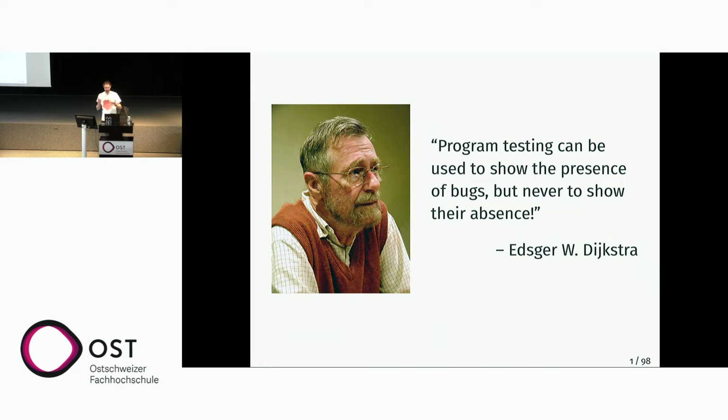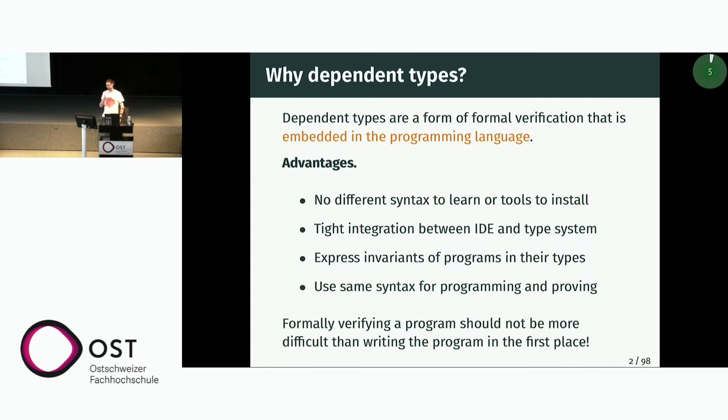So if we want to show that there are no bugs in our program, we have to turn to different techniques. What kind of techniques are these? The broad collective noun for that is formal verification. And one particular form of formal verification is dependent type systems.